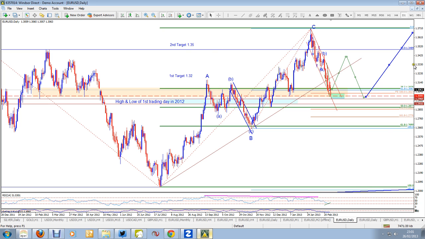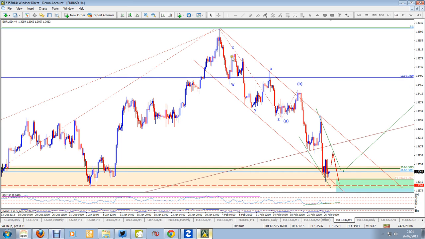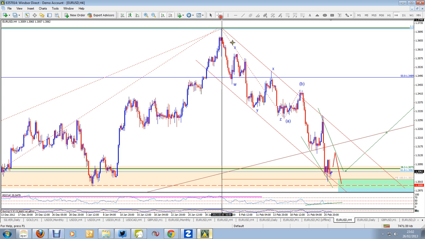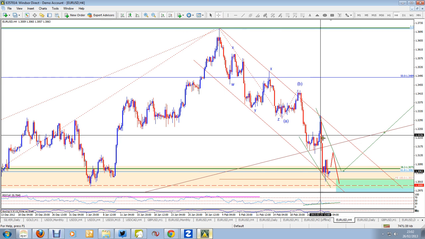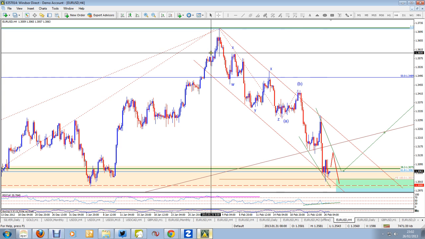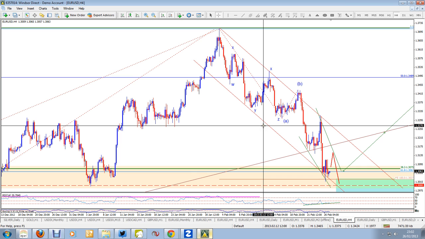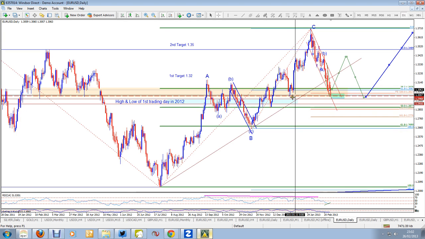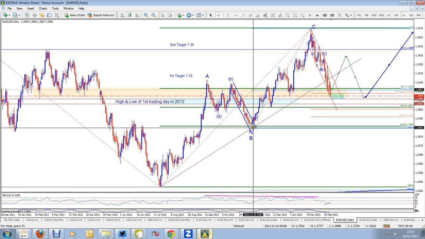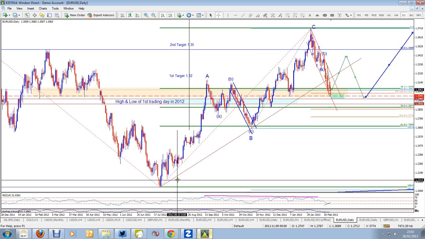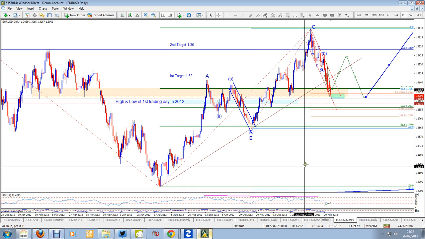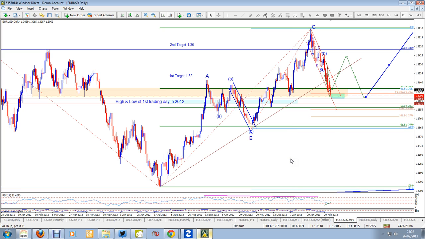However, because these are 5 wave to the downside and it is very overlapping, I do not think in reality that this is actually a new downtrend. It is a downtrend in the sense of, on this 4-hour chart we have a clear downtrend channel, but it's not a new downtrend which would eventually take out this low we had back in November and then subsequently retest the July low.